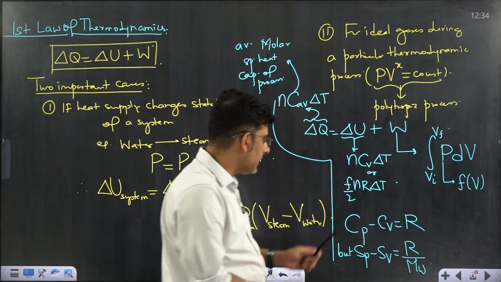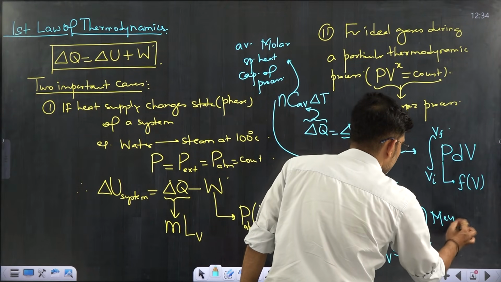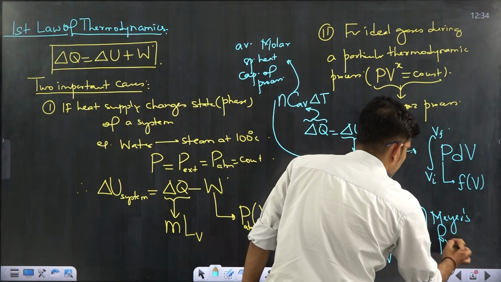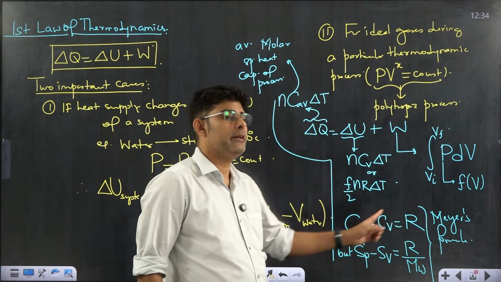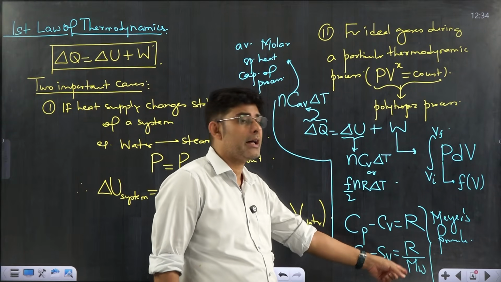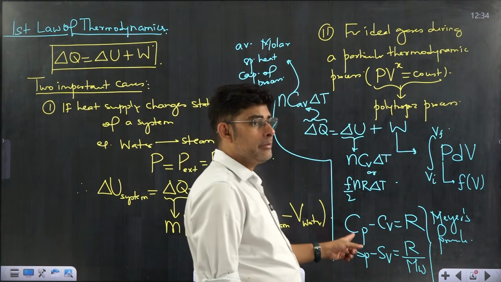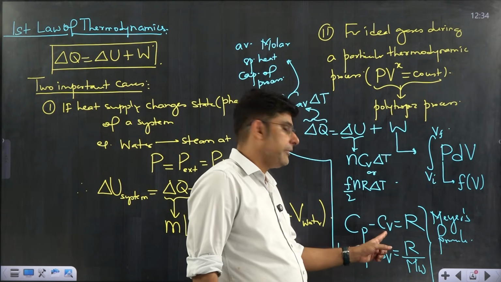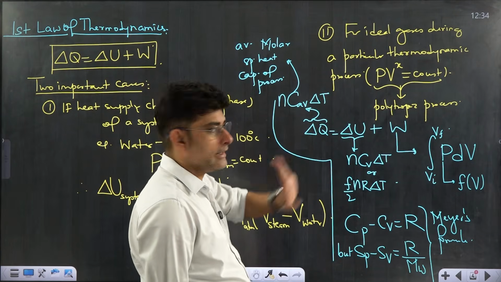If you are writing molar specific heat capacity, you will use Cp minus Cv is R. But if you are writing specific heat capacity, then you have to divide R by molecular weight. So this is known as Mayer's relation, molar specific heat at constant pressure, molar specific heat at constant volume. Okay. So these are the three expressions.